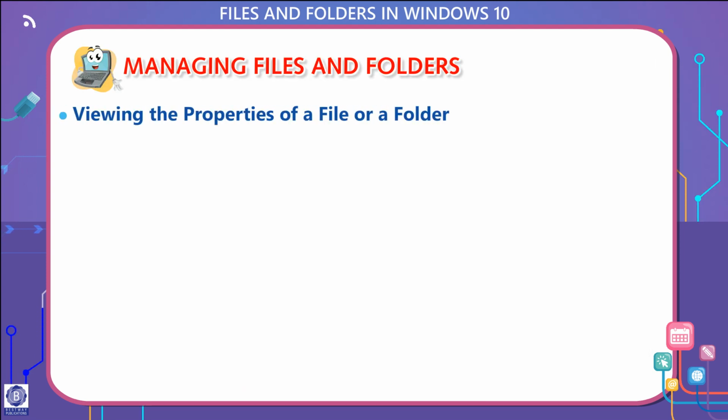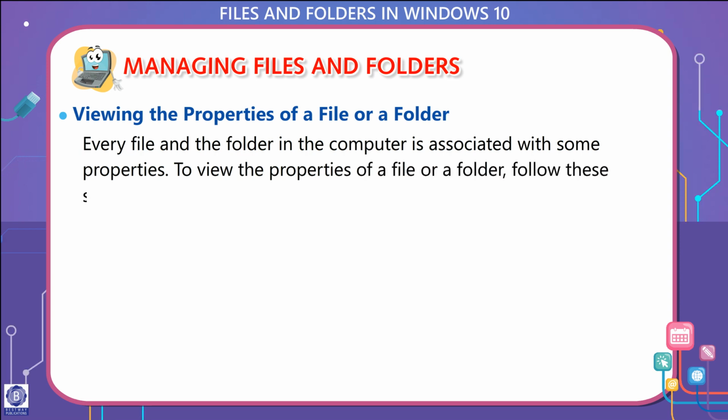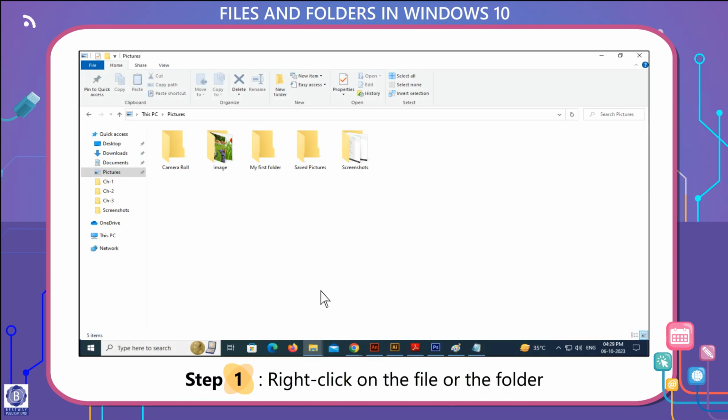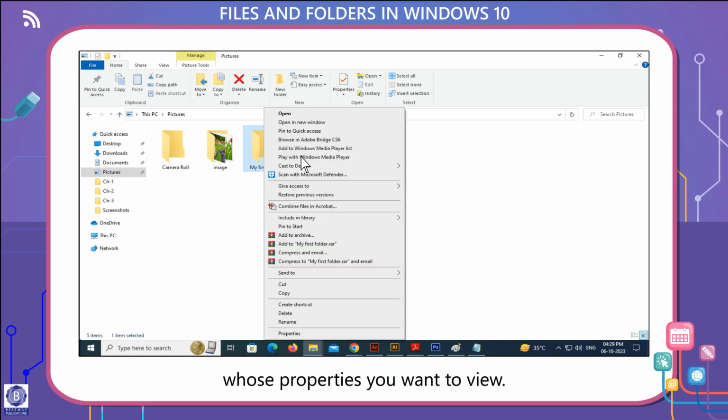Viewing the properties of a file or a folder. Every file and folder in the computer is associated with some properties. To view the properties of a file or a folder, follow these steps. Step 1. Right-click on the file or the folder whose properties you want to view. A shortcut menu appears. Step 2.